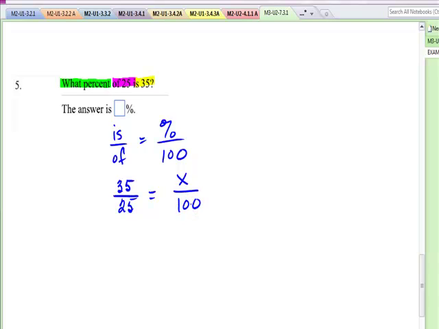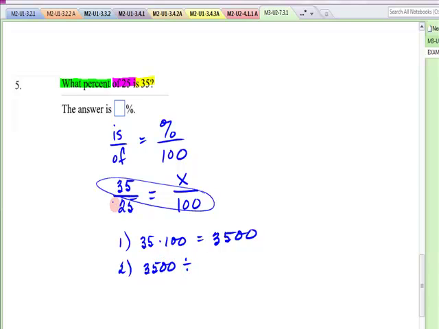Something I want to notice in this one is that this is an improper fraction, which means this will be an improper fraction. In other words, we will get more than 100%. Let's go ahead and do this one. Step 1, I've got 35 times 100 is 3,500. And step 2 is 3,500 divided by, the number I haven't used yet is 25. Which is 140. So it's 140%.